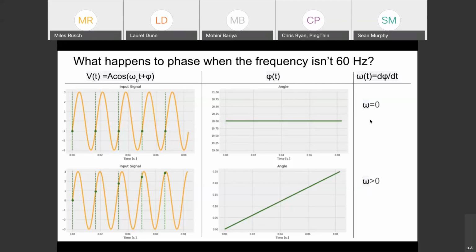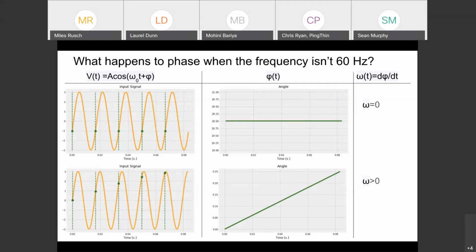Now, in this bottom row, our sinusoid signal that we're measuring has a frequency that is not 60 hertz, but slightly larger than 60 hertz. And what we get from our definition of phi of t is that it is linearly changing with time because the frequency of our signal is constant, but different than 60 hertz.